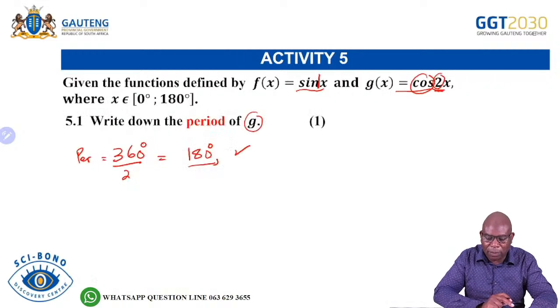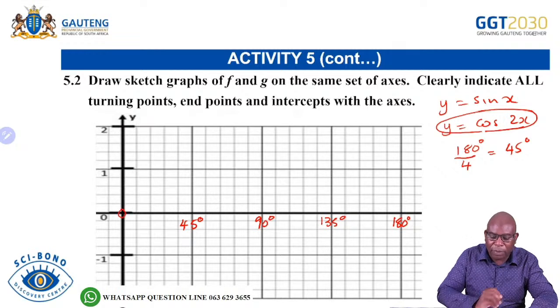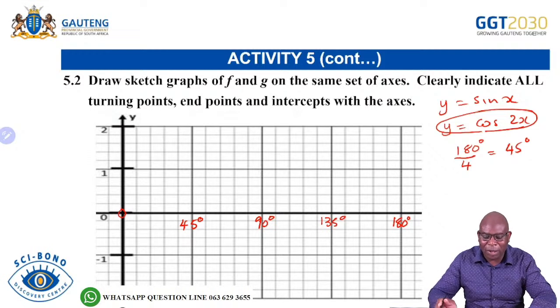If you check backwards there, they said we must draw that graph from 0 to 180. So now it's up to 180. So we've got a 0 there. So you take a calculator. Please do not complicate your lives. You take a calculator, you put all these values in here. You can even draw a table like this.